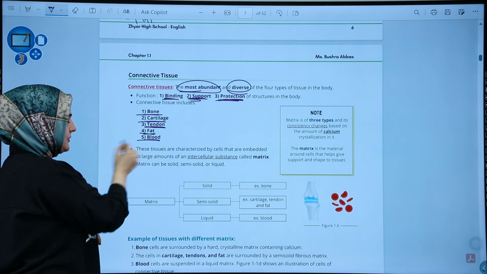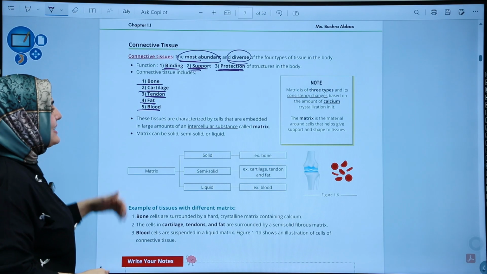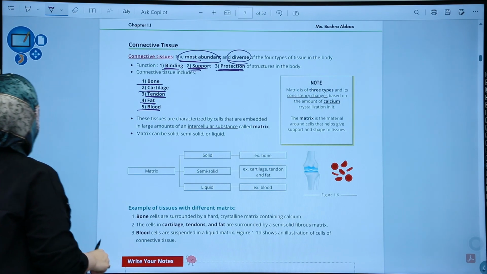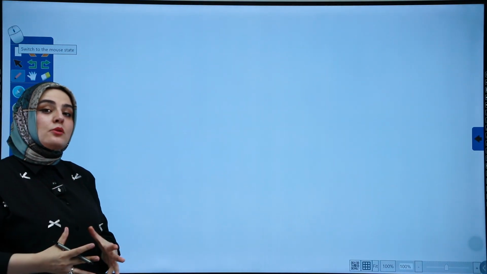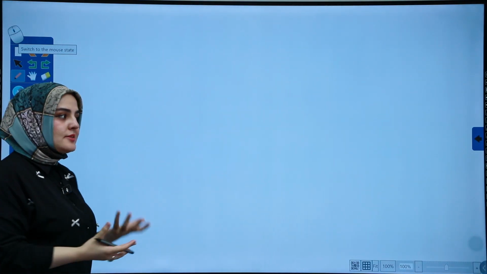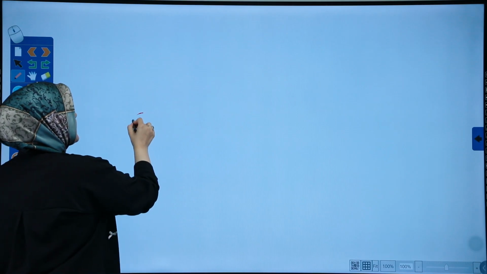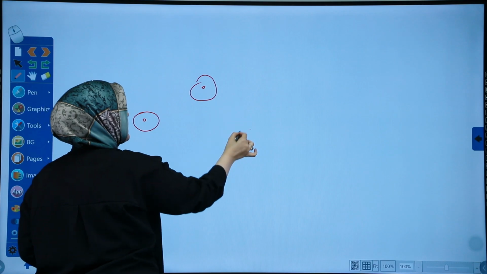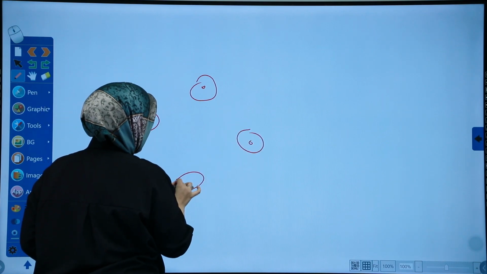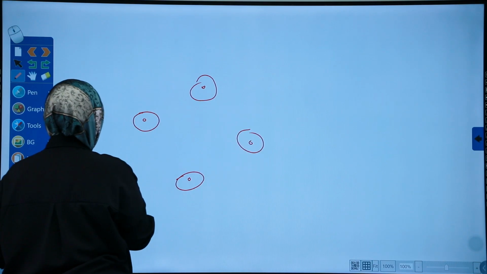Fat and blood. See, it says these cells are characterized by having a large amount of intracellular material. What is that supposed to mean? See, unlike the epithelial, the cells of the connective tissue are all separated like that.